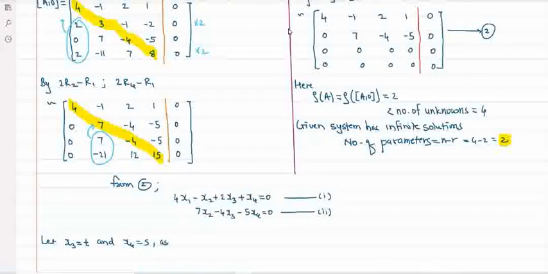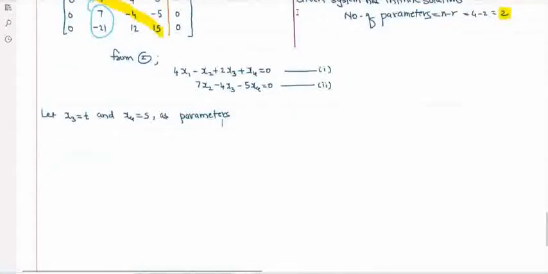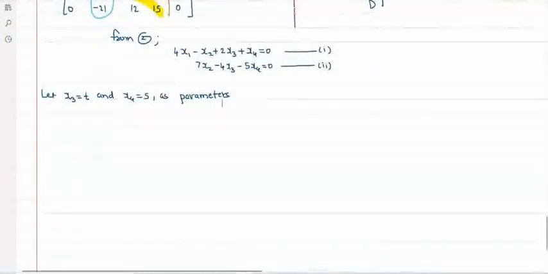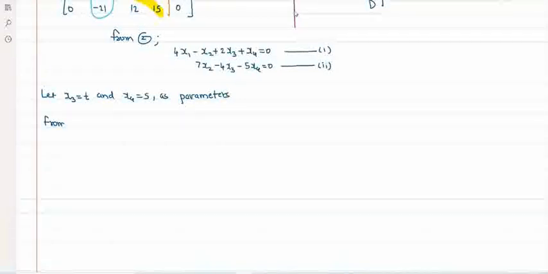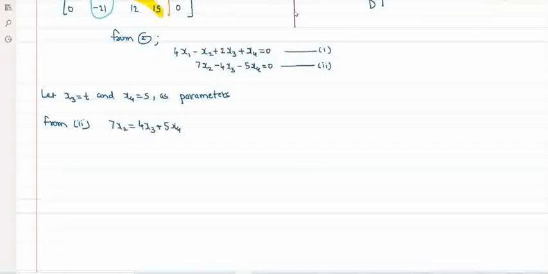Now the remaining two variables, x1 and x2, you also have to obtain in terms of the parameters. From equation 2, 7x2 is equal to 4x3 plus 5x4.